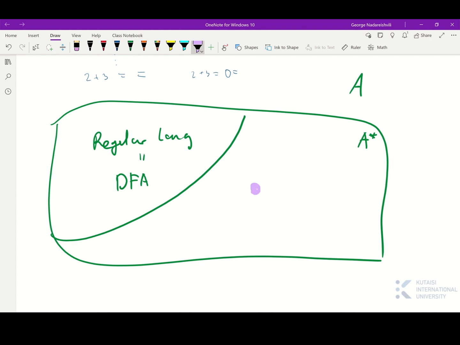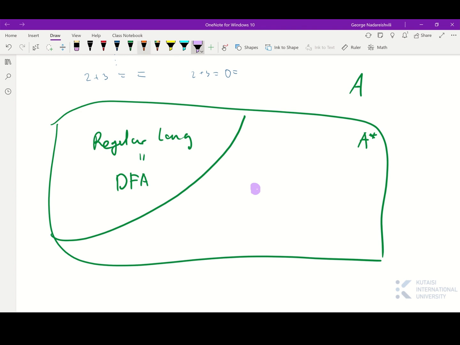So now my question is, how do you know there exists a language that is not regular? That means, how do I know that there exists a problem for which I cannot construct a DFA? Maybe everything that I can compute is actually a DFA. Maybe this computer is just a complicated DFA.